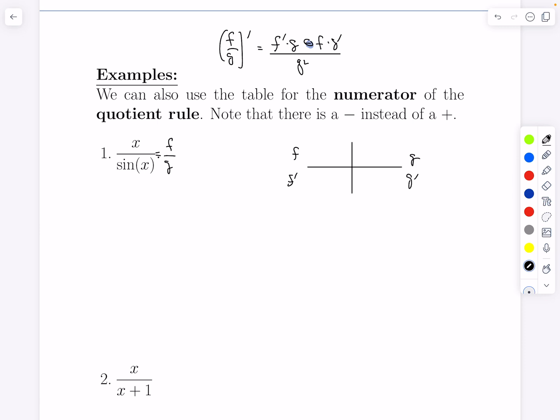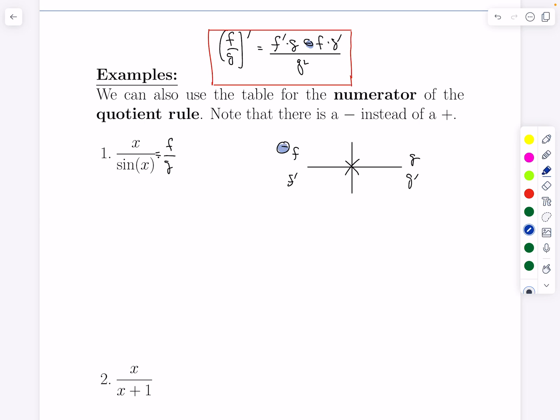That's what's on the top of the fraction here. And then we need the crisscross here, where there's a minus with F. So we can mark that.